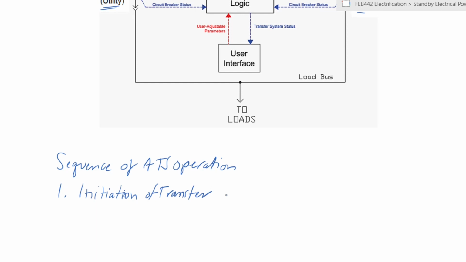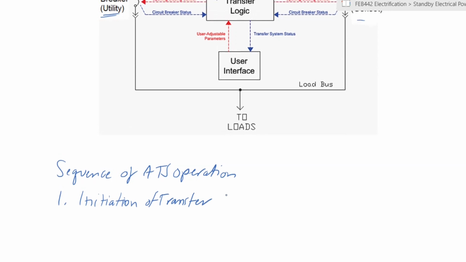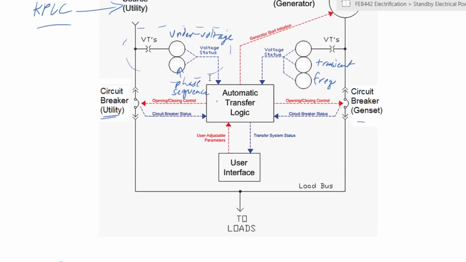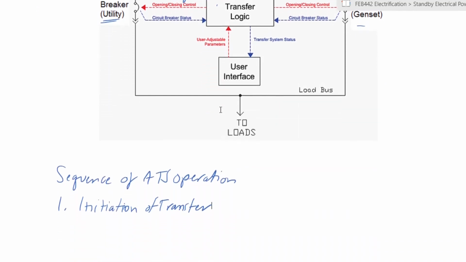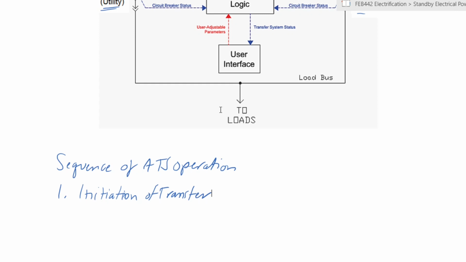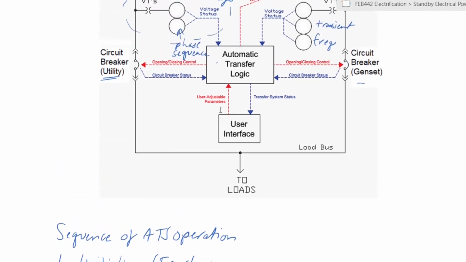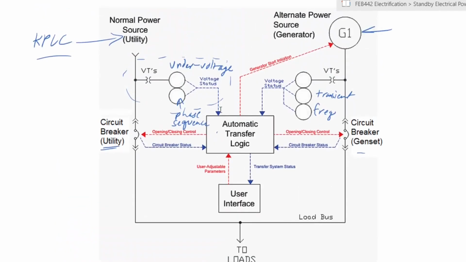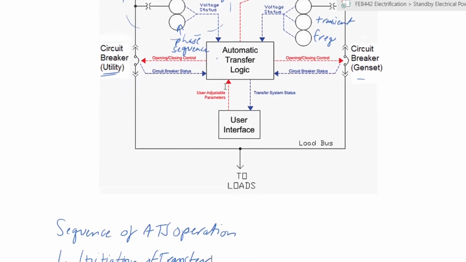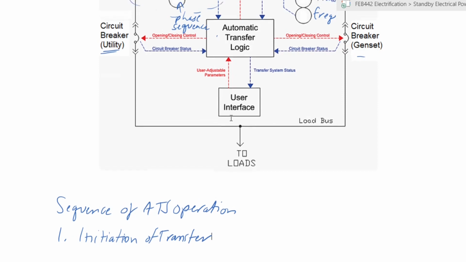In this step, what happens is the system senses an under voltage or a negative phase sequence, or even a phase failure, any of the conditions that we had indicated below, a wrong phase sequence, a problem with frequency, and so on and so forth. This sensing of these will now trigger the ATS to identify that there is a problem with the main supply, and it will then initiate the breaking of the main breaker.